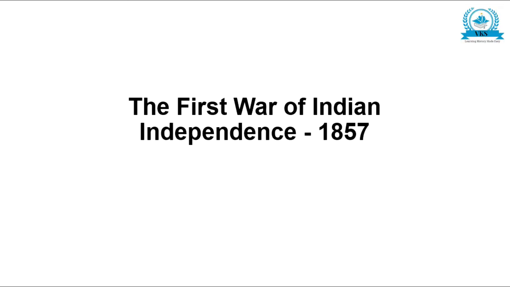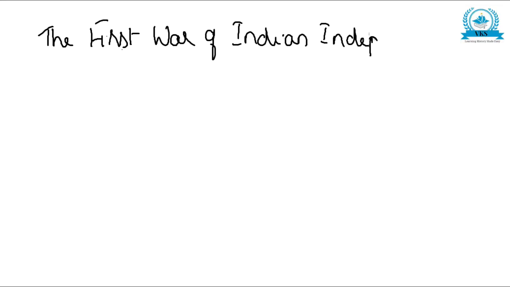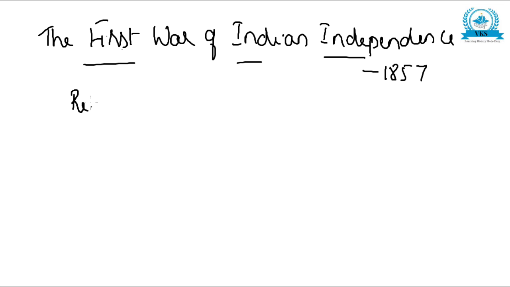So as I have told, today's video is about the First War of Indian Independence. It happened in 1857. The revolt of 1857, that is the First War of Indian Independence, is also called the Revolt of 1857.